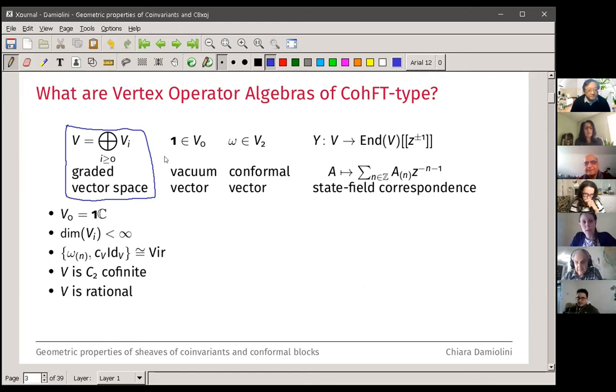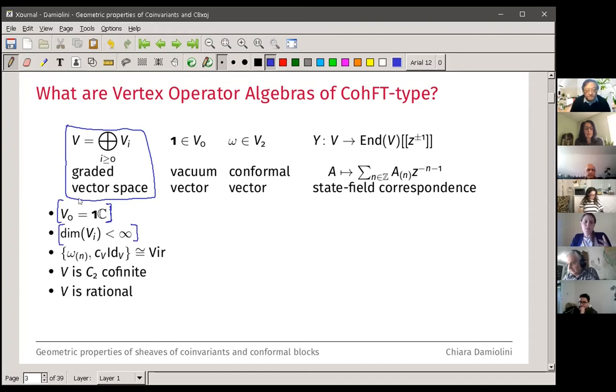I assume that there is a preferred element in degree 0, which spans the whole degree 0 graded component. I further assume, and as you will see some of these conditions will actually be redundant, but I just want to write down all the things I need, even if there might be some implications between them, that all the graded pieces are finite dimensional.